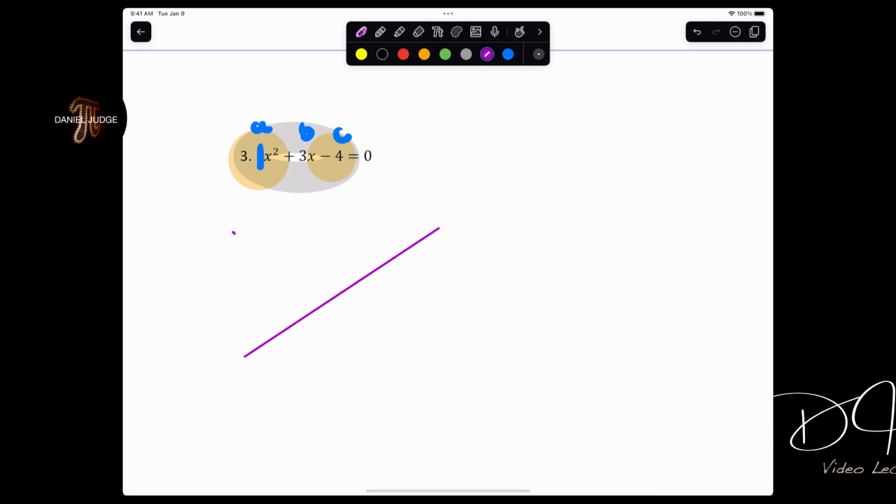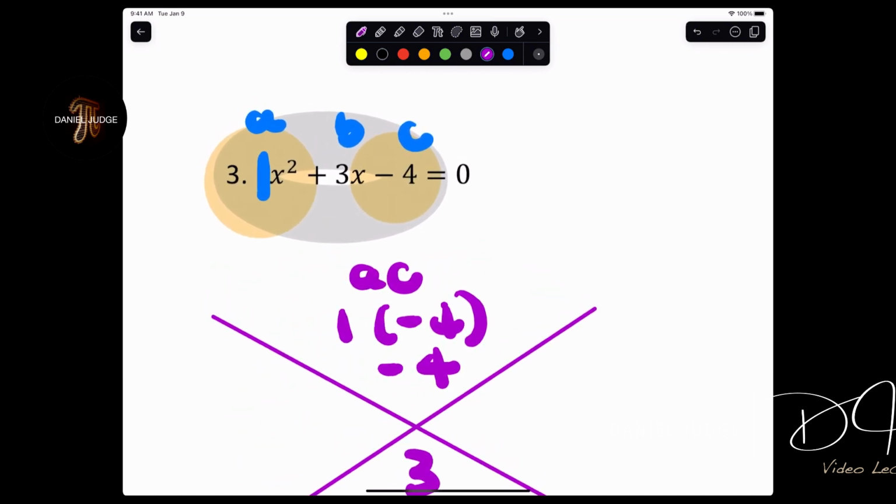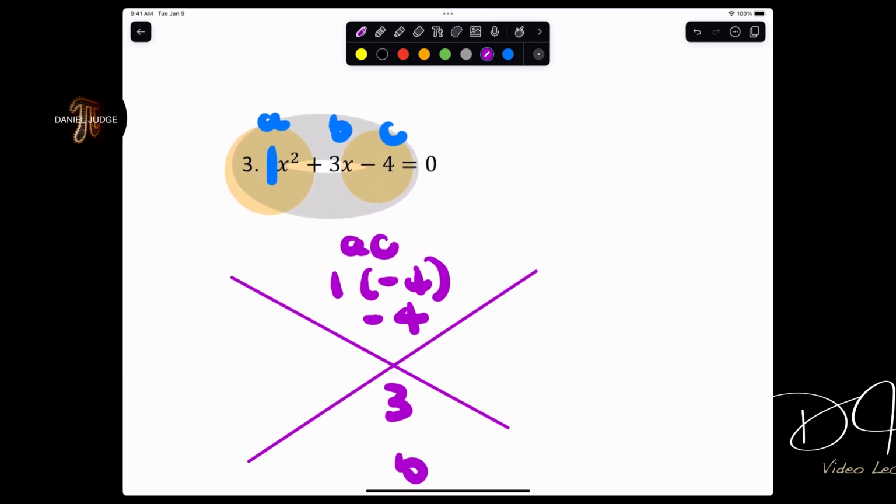So, okay. Crisscross method. A times c, 1 times negative 4 will be negative 4. And b, the b value is positive 3 here. All right, so a times c is negative 4. B is positive 3.